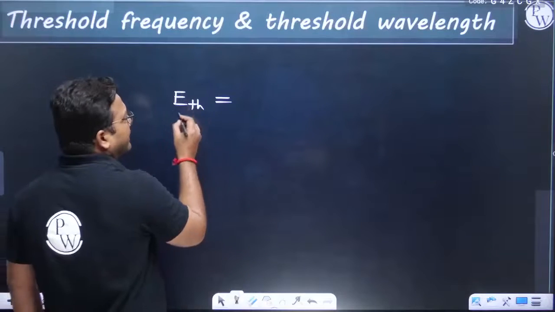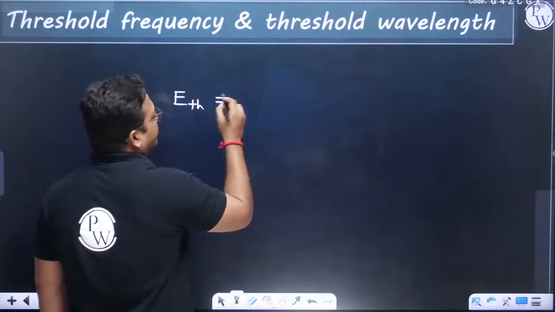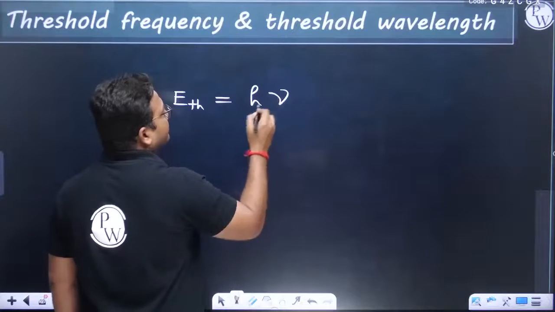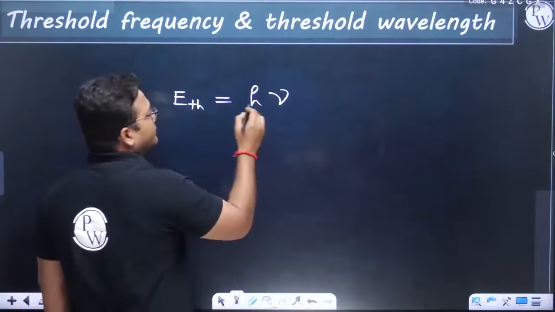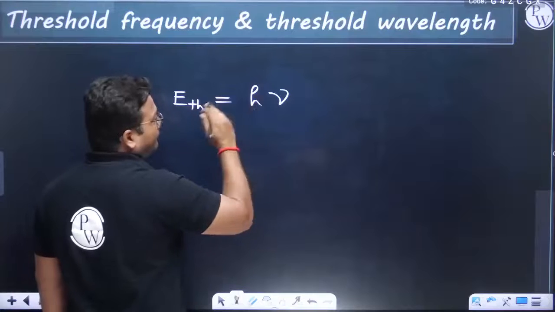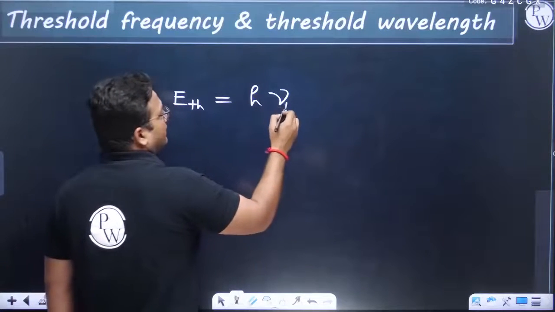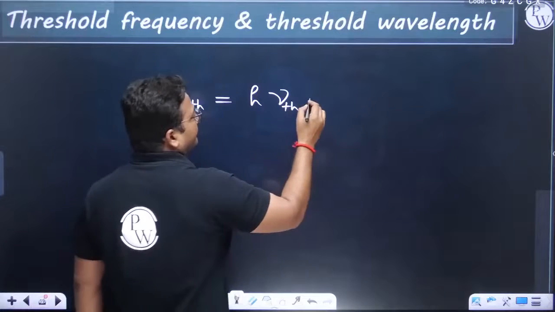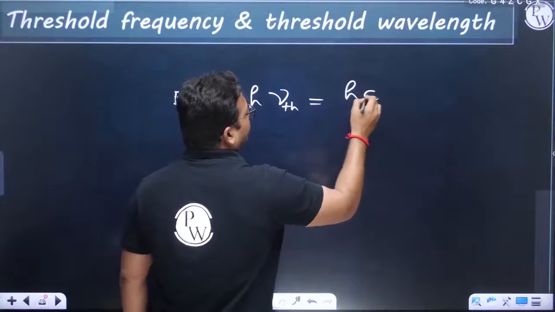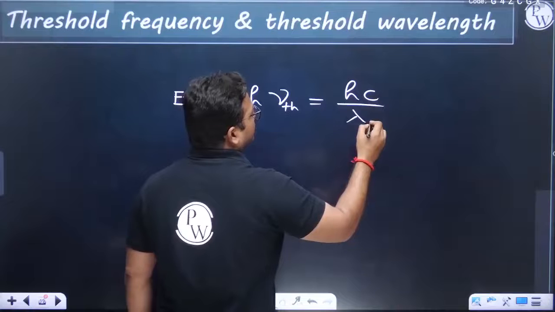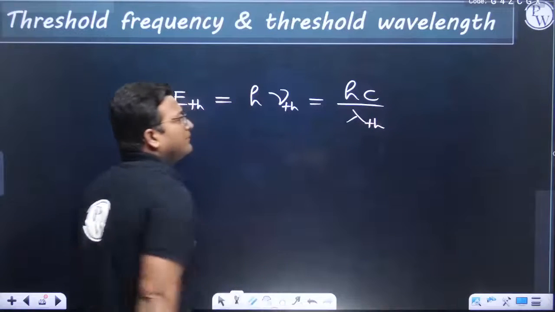So if we have E_th, then E_th equals h nu, as energy of a photon is h nu. So the frequency corresponding to threshold energy is called threshold frequency, and the corresponding wavelength is called threshold wavelength.